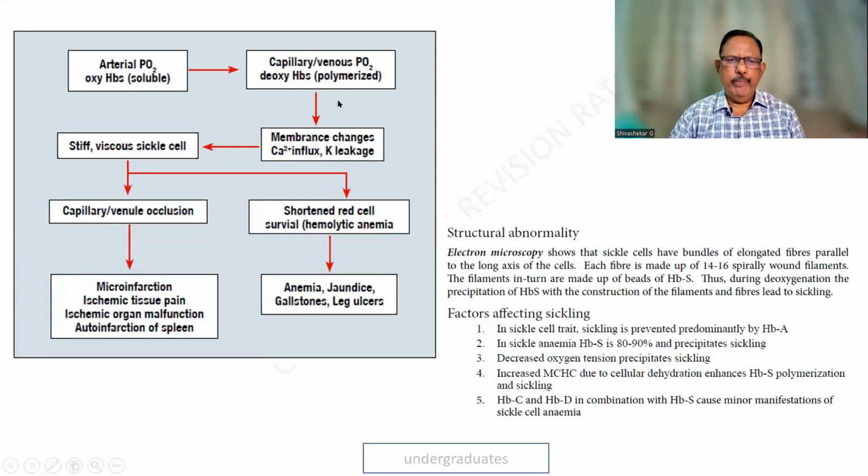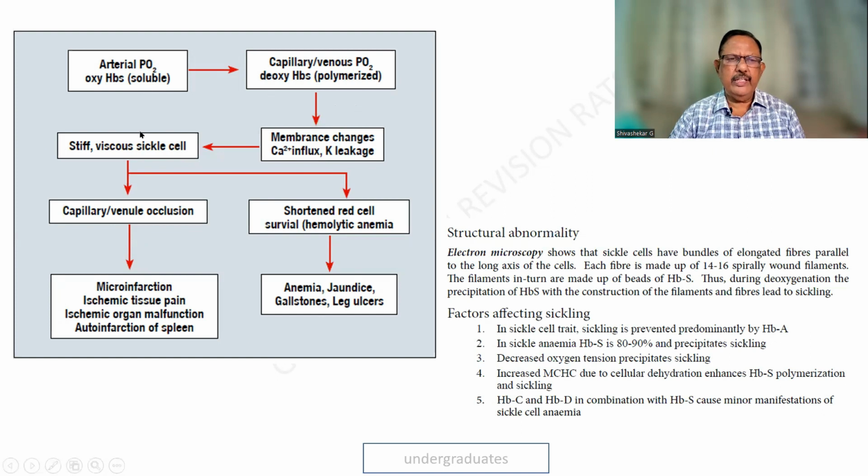This is an important flow diagram in pathogenesis. In arterial oxygen, hemoglobin S is soluble. But when there is stasis, there can be polymerization and also damage because of the influx of calcium and leakage of potassium.